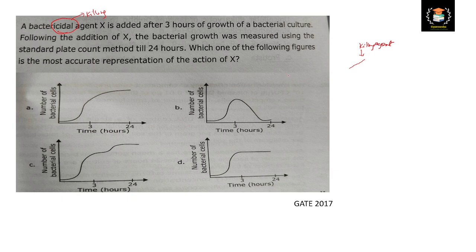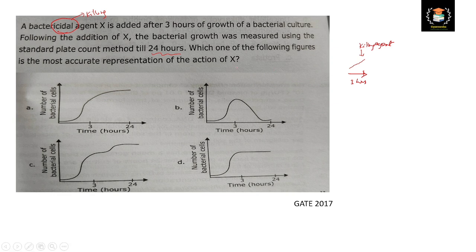So following the addition of X, the bacterial growth was measured using the standard plate count till 24 hours. Which of the following figures is the most accurate representation of the action of X?